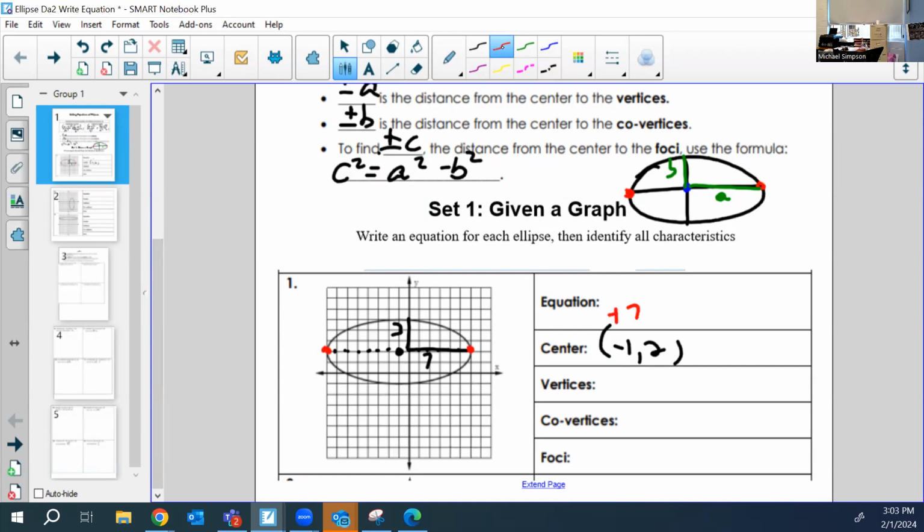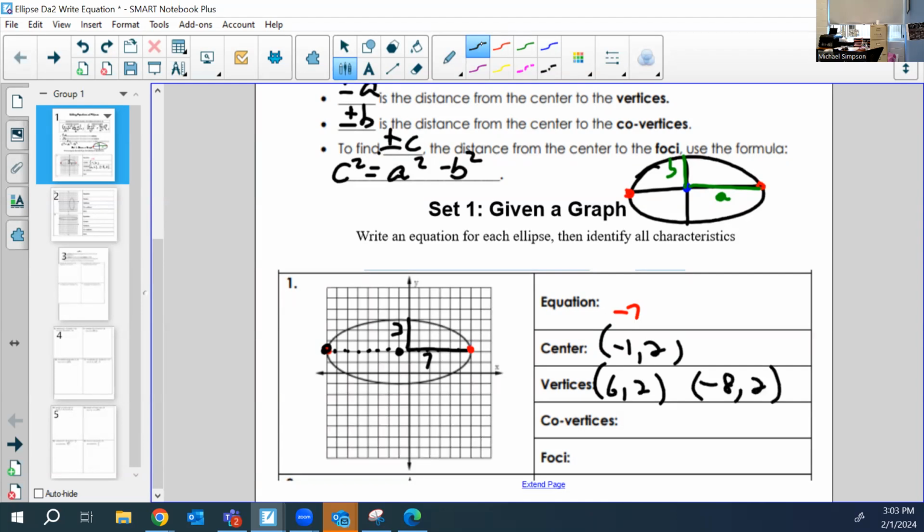So plus 7 gives me 6, 2. And then for the point over here, I'm going to subtract 7, and that gives me -8, 2. I just want you guys to be able to do that.